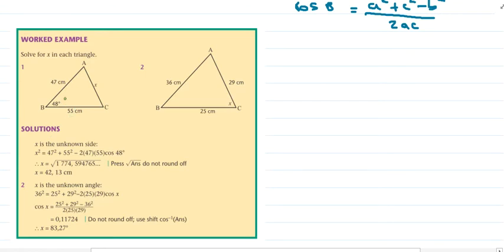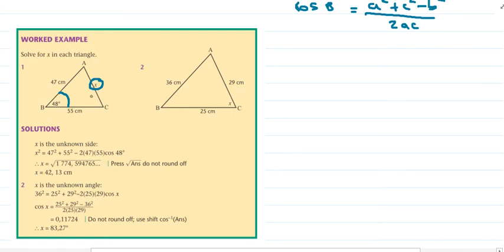Now in example 1, if you look at triangle ABC, we want to find x, which is opposite angle B. We have 47, 55 centimeters and angle B is 48 degrees.